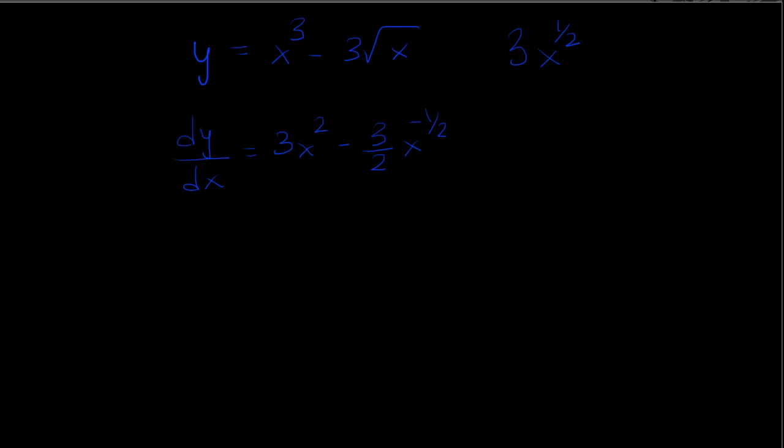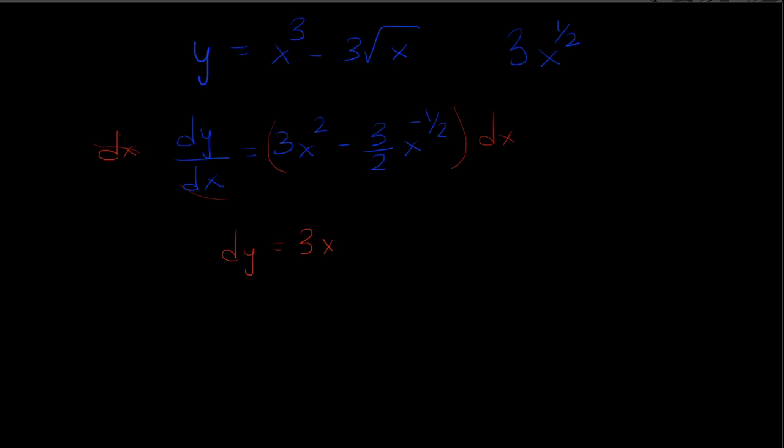My goal here is to solve for dy, so I'm going to multiply both sides by dx. So the dx are going to cancel. I'm left with dy, and here I can factor out a 3, so I have 3, and then I can also factor out an x, but I have the option of factoring out an x squared or an x to the negative 1/2 power.